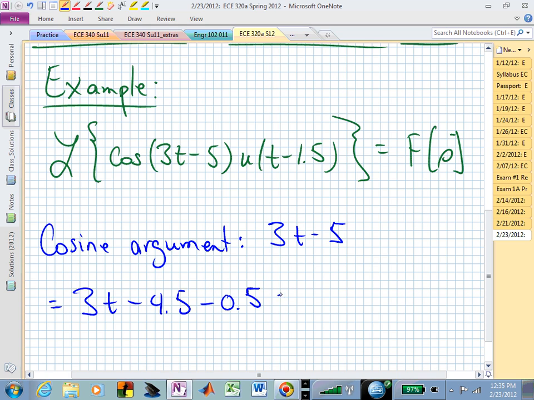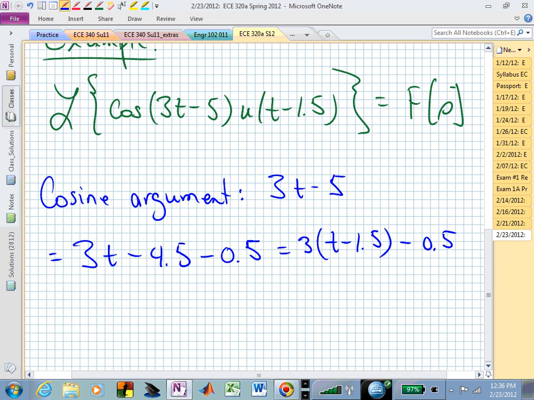Now I can write 3(t − 1.5) − 0.5. That is how I want to express my argument, so that in the cosine waveform I can use this trig identity that hopefully you have in the back of your head. If not, remember Euler and you can derive it.